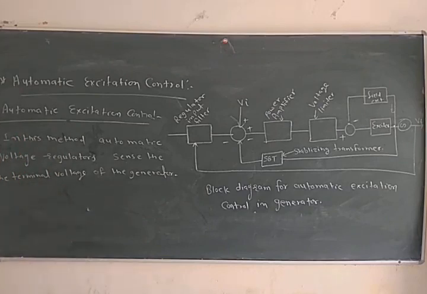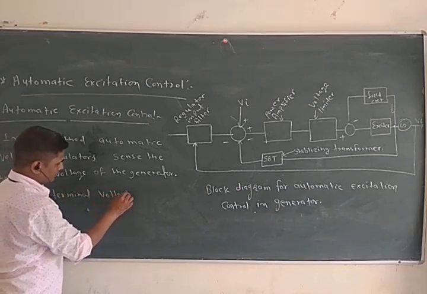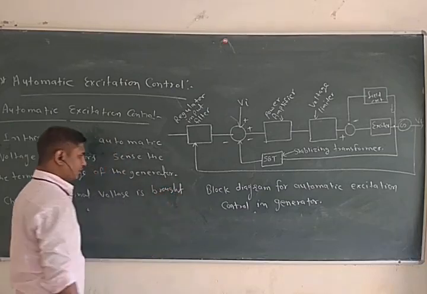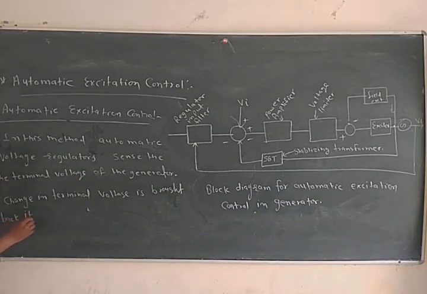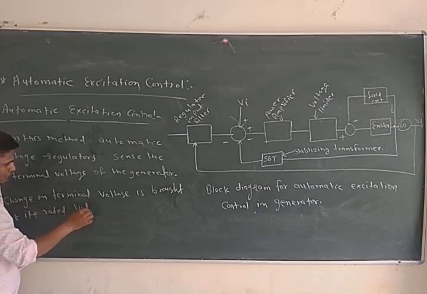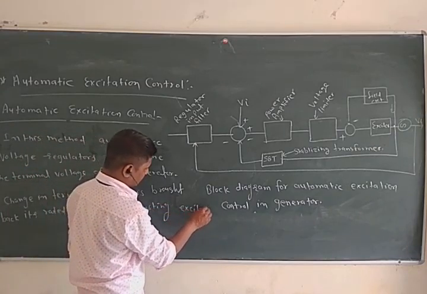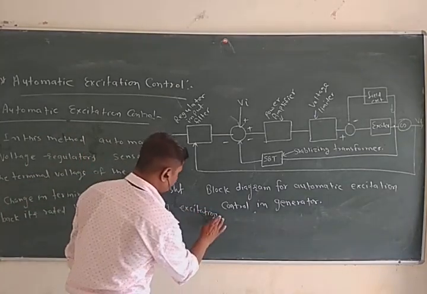Now, if there is a change in terminal voltage at the terminals of the generator, the sensors bring it back to the rated value by adjusting the alternator excitation.